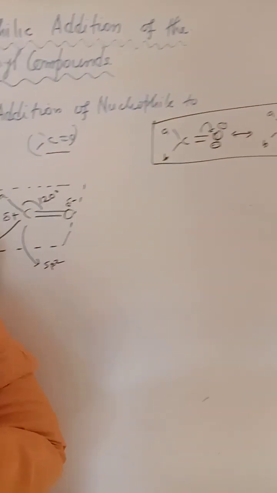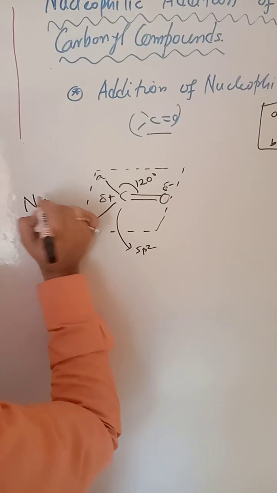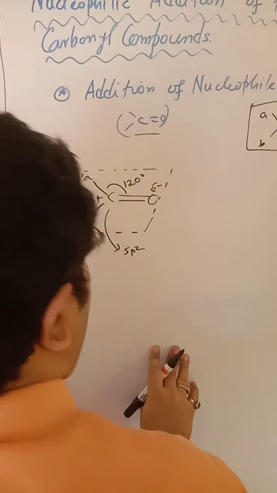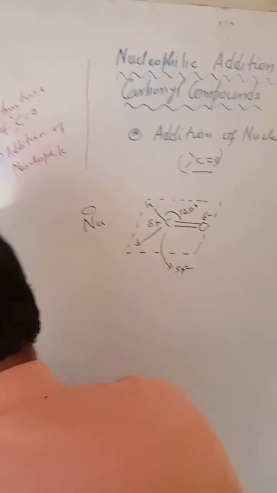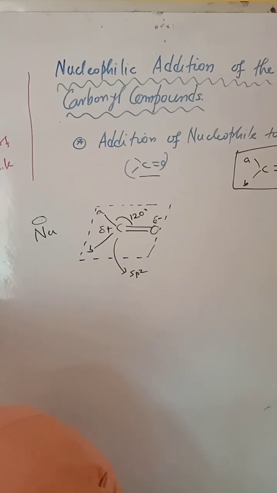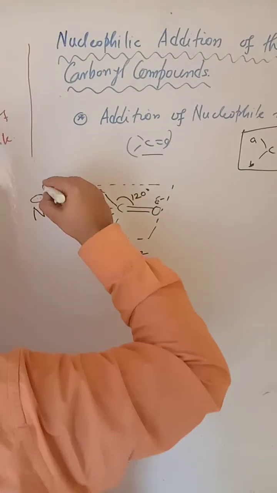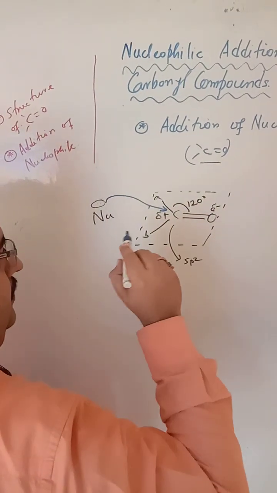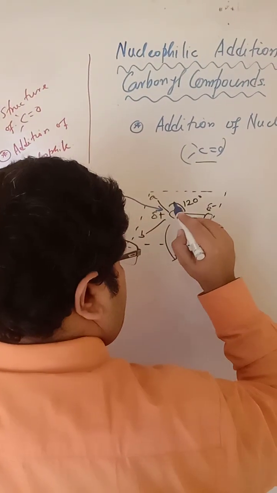So whenever you add a nucleophile, which may be an organic base, which may be hydroxide ion or whatever, it can also be an alkoxide group. In this case, the nucleophile will attack the positive charge of the carbon.